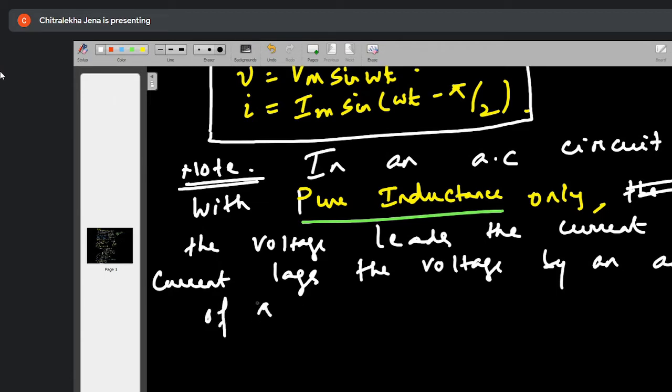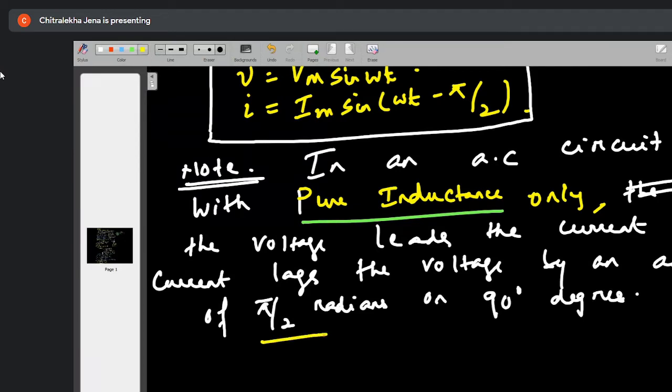Exactly, pi by 2 radians, or how many degrees? 90 degrees. This is a very important point. So pi by 2 radians or 90 degrees.